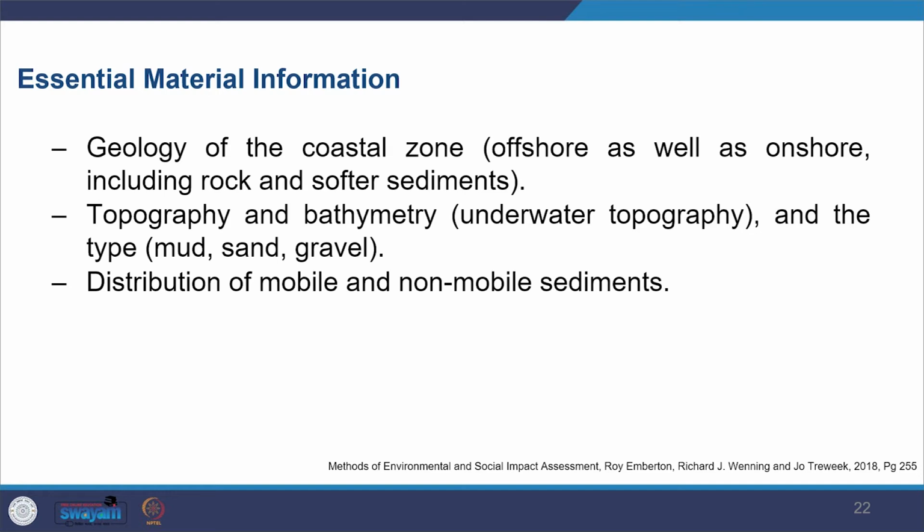You look at the topography, the profile of the land and its shape, and then the underwater topography, which is also called bathymetry. And then you look at the types, like mud, sand, gravel, and the distribution of mobile and non-mobile sediments, the sediments which are moving or stationary. So you need to have this kind of information.